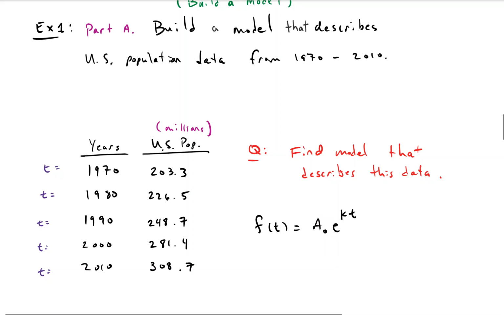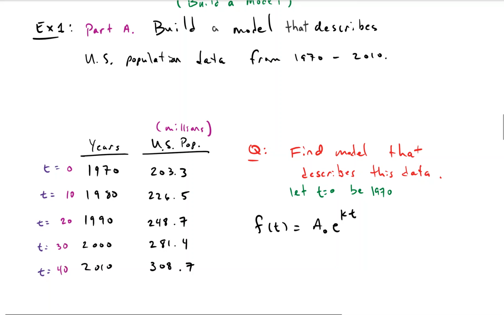So if we let t equals 0 be 1970, then that means t equals 0 is 1970, 1980 is t equals 10, 1990 is t equals 20, 2000 is t equals 30, and 2010 is t equals 40.